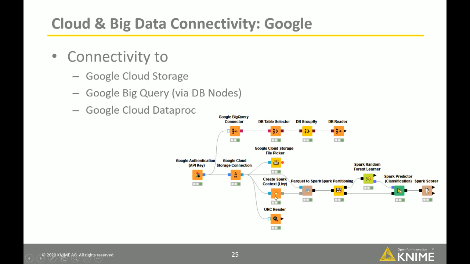Connect a Create Spark Context Livy node to my Google Cloud Storage connection node, and then downstream here I'm converting from Parquet to Spark, do some partitioning, build a random forest, do some predictions with my random forest, and then use a score to see how it all turned out. So similar idea to what we showed before, but now you're connecting to Google instead of Databricks. The nodes are different, but the concepts are largely the same, and you're still pushing the processing down into your cluster.